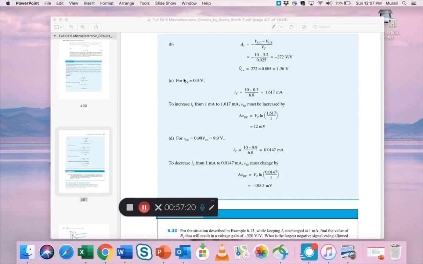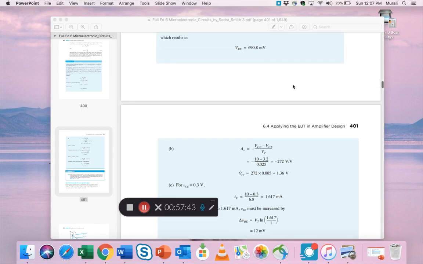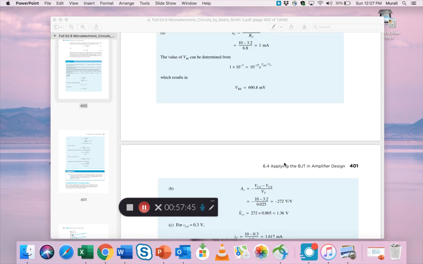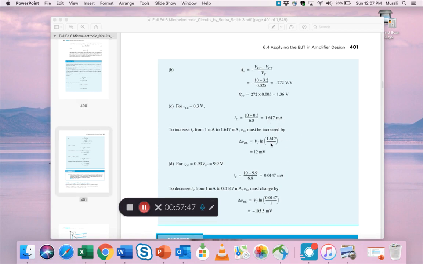Then for VCE to be in saturation, right, that's 0.3 volts. What is the value of IC? It has to be this. What is the corresponding value of VBE to achieve that, the delta? So if you have a small 12 millivolts signal that you put on top of the regular biasing voltage VBE, if you add 12 millivolts to this 690 millivolts, then you are pushing it to saturation.